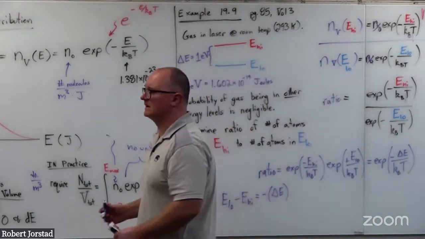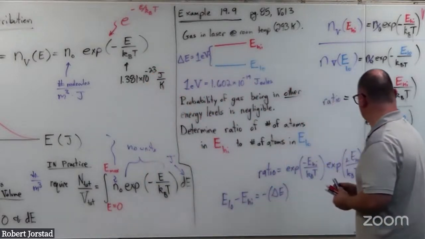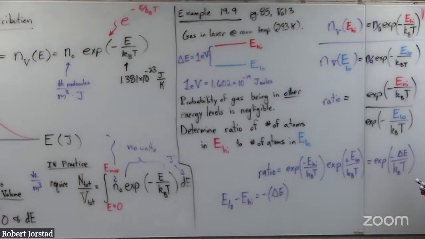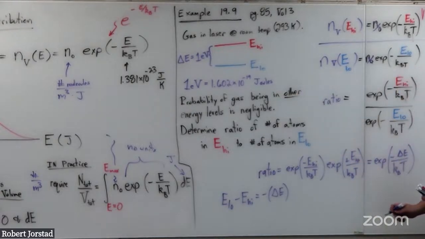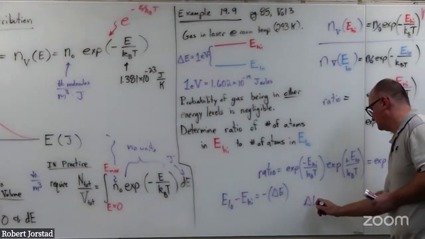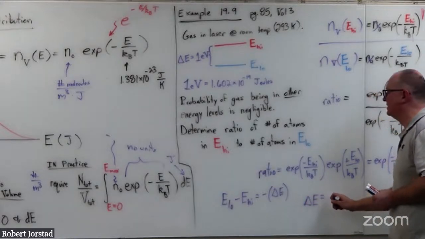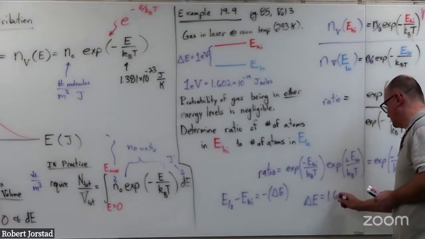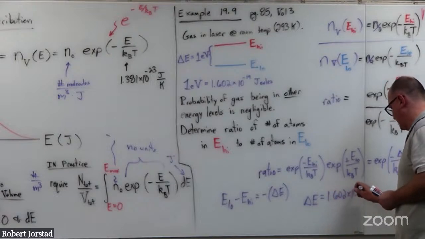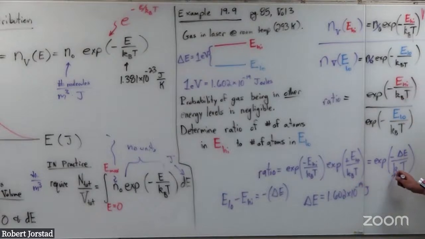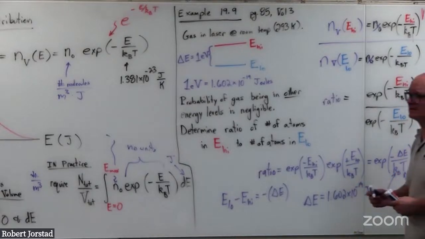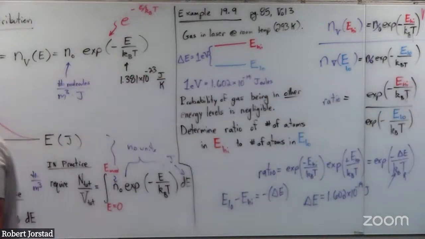And then if you plug in numbers, we've got to be careful, right? You're going to have to use this conversion factor. And so delta E is equal to 1.602 times 10 to the negative 19th joules. We know K Boltzmann, we know T, you can get the answer. And I'll just write it down really quick. I have it somewhere over here.